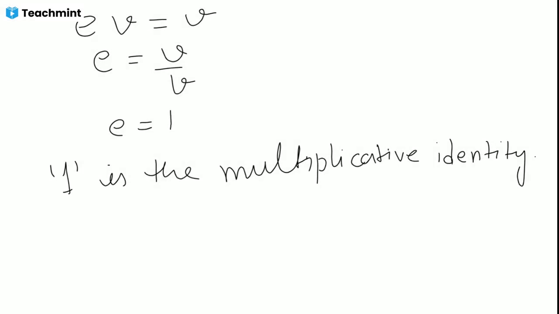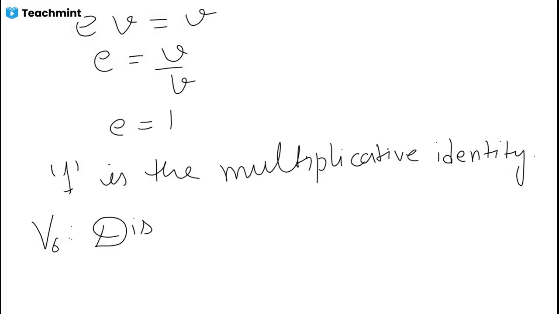And one more property we have to show a given set to be a vector space, V6, the sixth property: the distributive axiom or property.